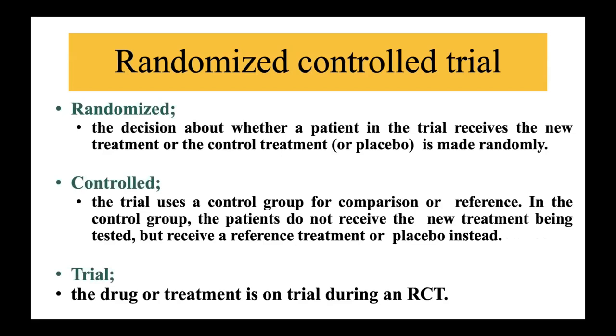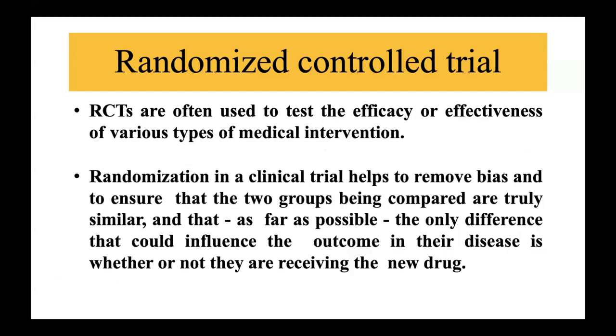So in a randomized controlled trial, there are two things: randomization and control. Randomization: some people are receiving something, the treatment, and the control are not receiving any treatment in the trial, the drugs or the treatment under trial during this research study.